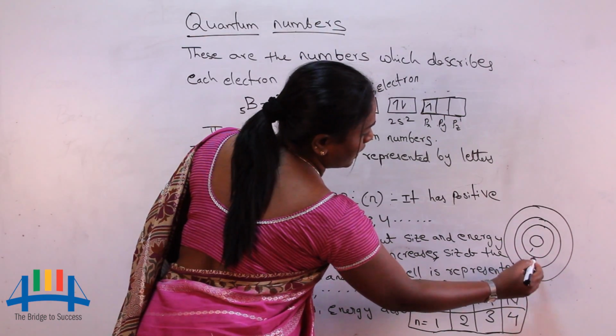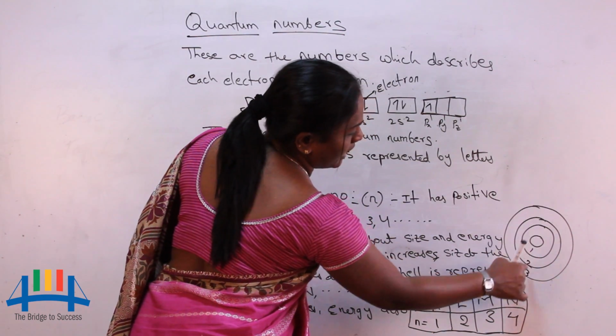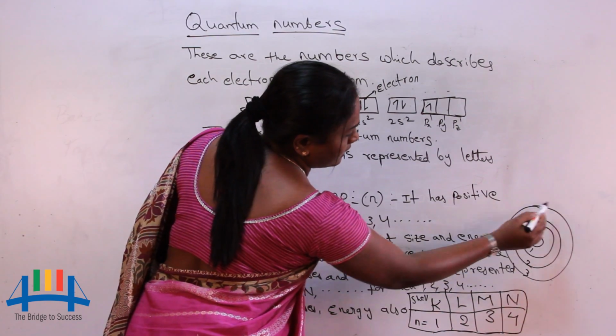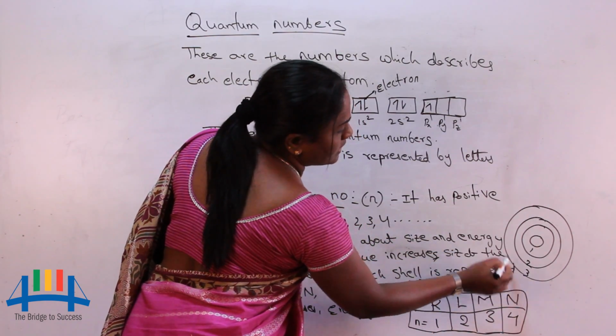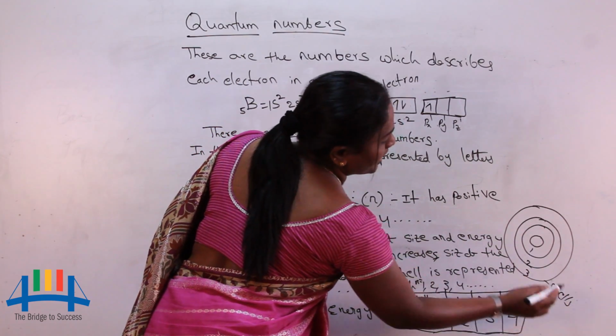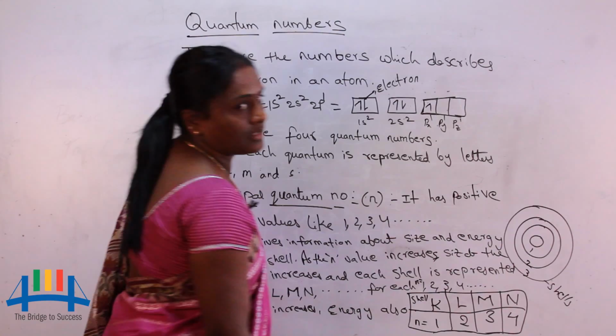If you see 1, 2, 3, these are the n values, and when the value of n increases, the size of the shells increases.